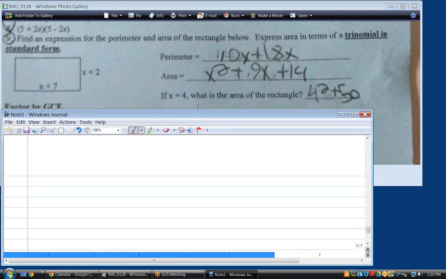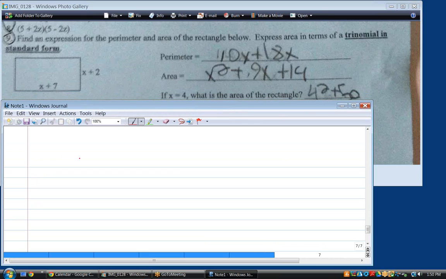So, what's the perimeter of a rectangle? Let's put numbers on this first. If I had a rectangle that was 5 by 3, what's the perimeter of that? That would be 15. No?